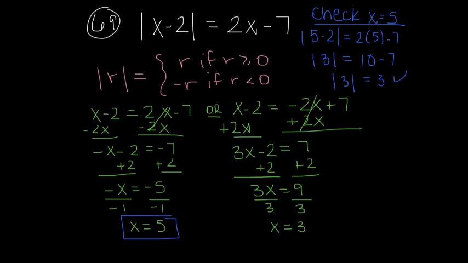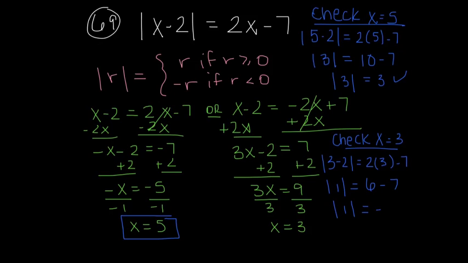Now I have to check my other solution, x equals 3. Again, it has to work in the original problem, so we'll go back to the original problem. Instead of saying the absolute value of x minus 2, I'll say the absolute value of 3 minus 2 equals 2 times 3 minus 7. So this gives me the absolute value of 1 equals 6 minus 7, which tells me that the absolute value of 1 is equal to negative 1.